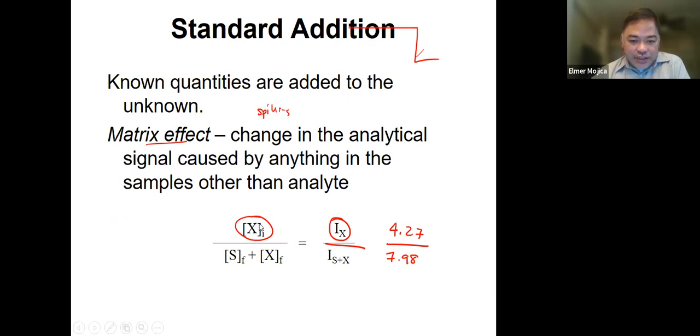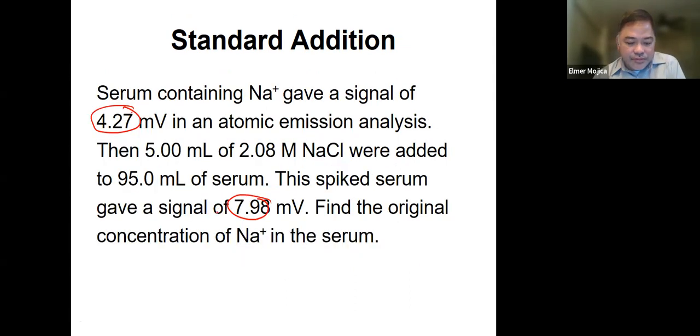Okay? Now, here, how are we going to express the initial concentration, final concentration of the standard, and final concentration of the sample? So paano natin aanuhin dito, let's say yung XF. You have to recall C1V1 equals C2V2. So XF and then the volume corresponding to F, and then the initial concentration and the volume.